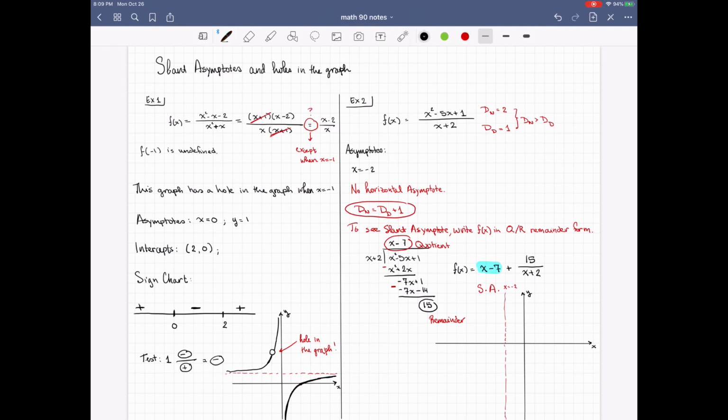So here is -7. Did I count that correctly? 1, 2, 3, 4, 5, 6, 7. Yes. And then, I don't know, when x is 3, it's down to -4. So this is your slant asymptote. You actually have to graph the line y equals x minus 7.